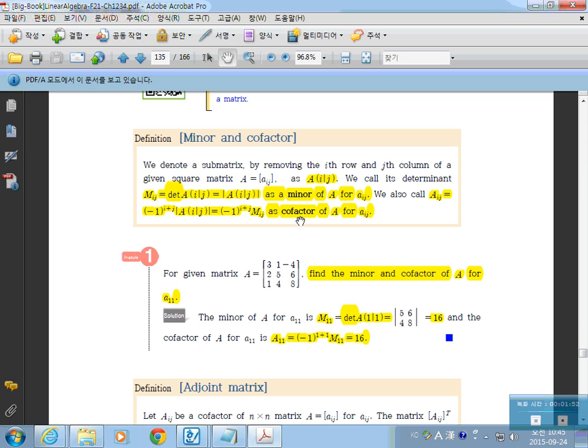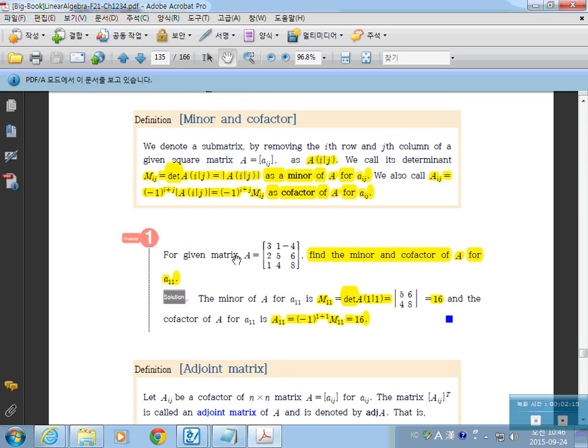And the cofactor of the matrix A for Aij is defined as minus 1 to the i plus j times the minor, the determinant of A sub i and j. So a minor is a determinant, and for the cofactor, we have a sign in front of that minor.